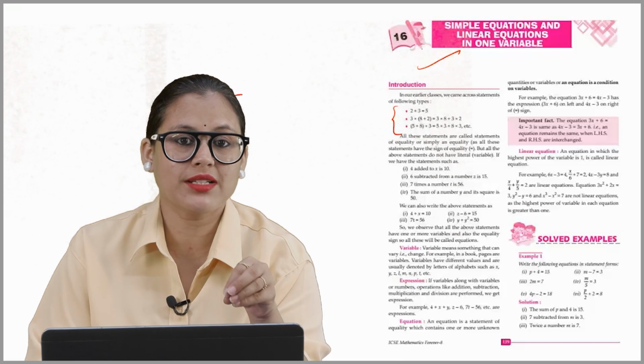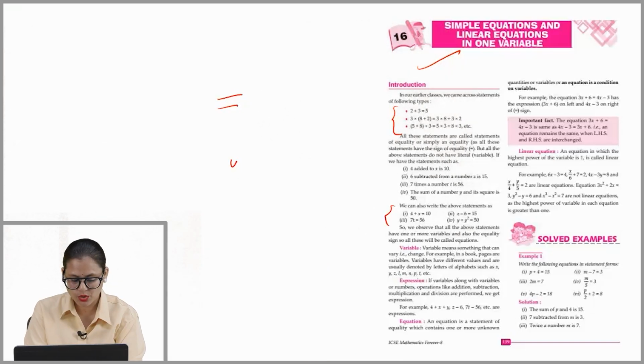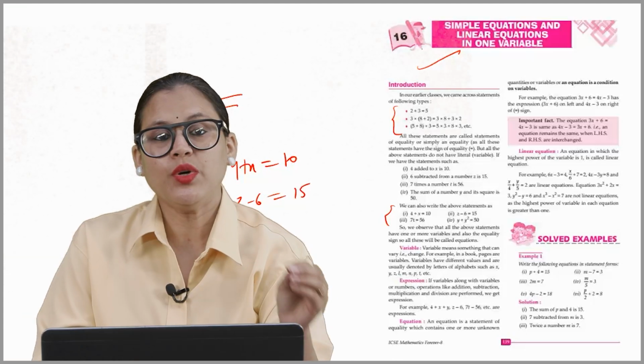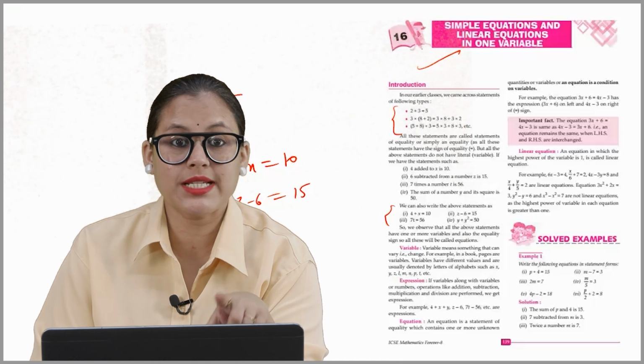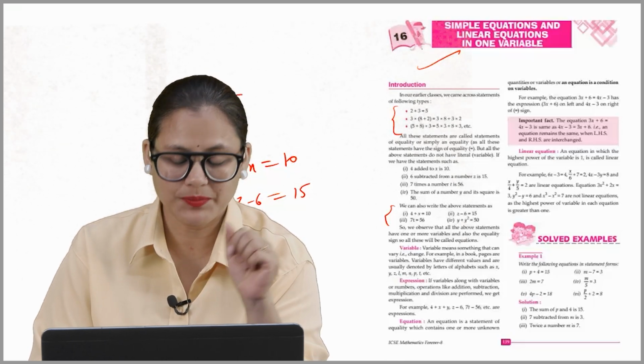We can also write the above statements like this: 4 added to x is 10, and 6 subtracted from a number z is 15. So we observe that all the above statements have one or more variables and also the equality sign, so all these will be called equations.